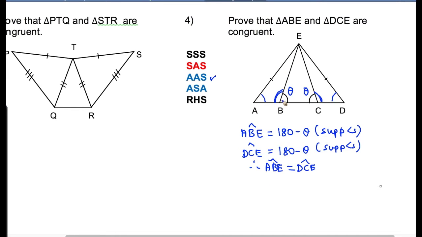Now we have also noticed that EAB is equal to EDC. And these are equal angles because they are base angles of the isosceles triangle EAD.